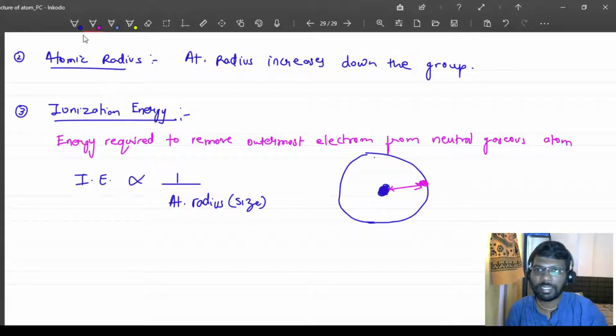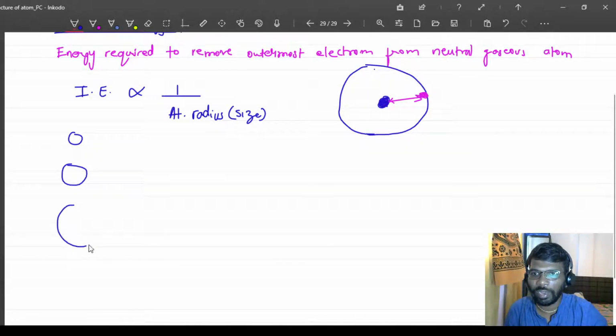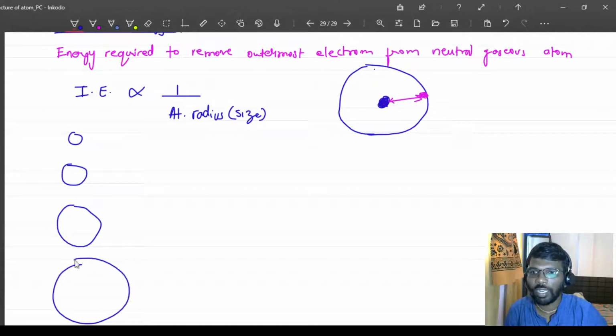As we go down the group, the atomic size keeps on increasing, so the distance between the nucleus and the outermost electron increases.